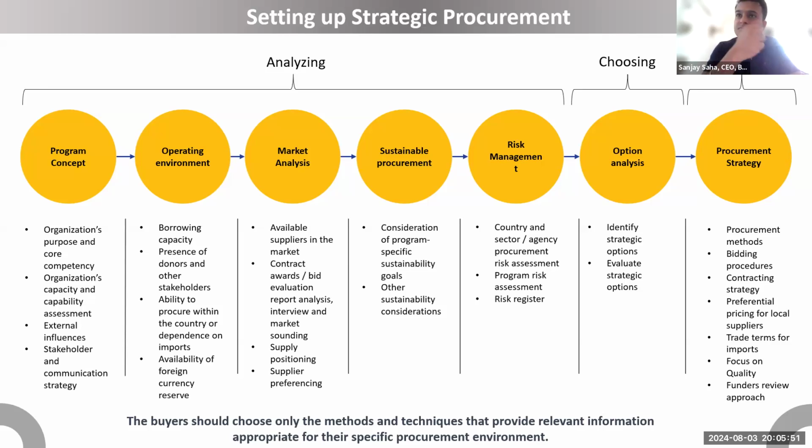Now, generally what we do is when we are procuring in bulk, and this is what you are also studying in module number 5, you ideally should have a two-stage procurement. In QCBS, Isaac, if you can mute yourself, there is some noise coming. Thank you. In QCBS, you start with first assessing the quality of the product.